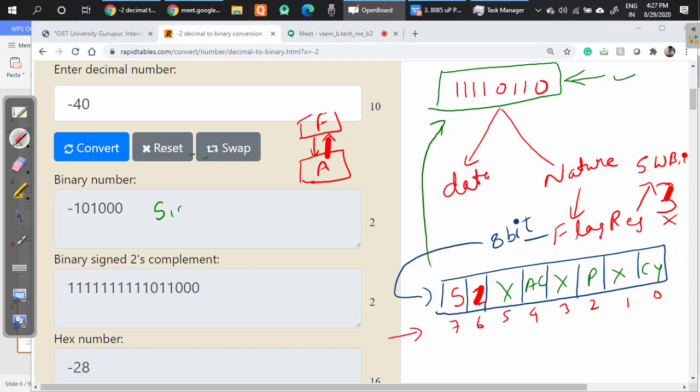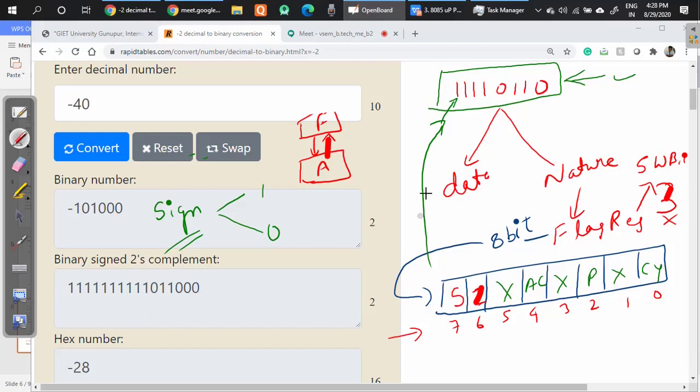S flag stands for sign flag. So what is this flag doing? This flag will only observe the last bit. Okay, listen very carefully. This S flag bit will only observe the last bit. And the last bit will be either 1 or 0. Yes or no? I hope I am correct.